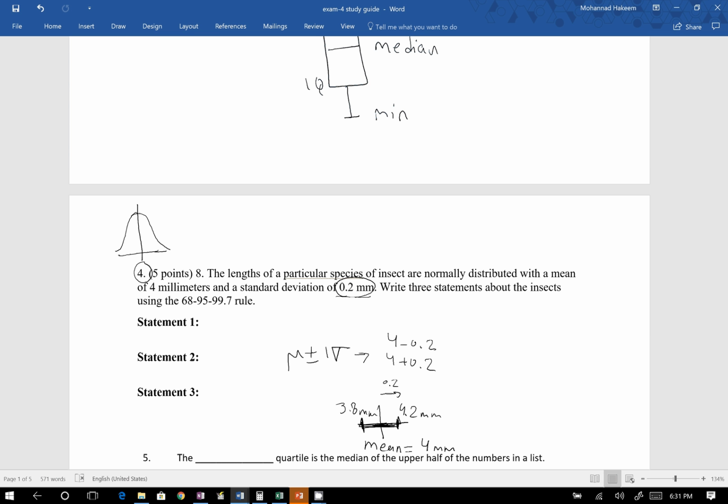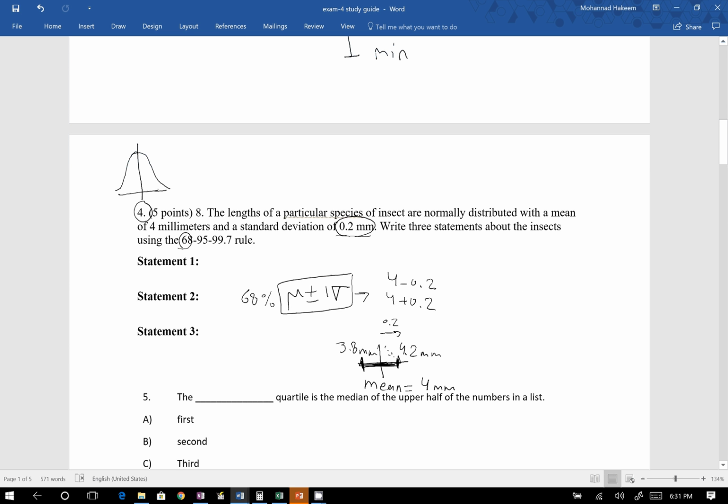And the 68% rule is telling me that this range basically encompasses 68% of the data. So most of the data is concentrated here. So the first statement is that it's very simple.